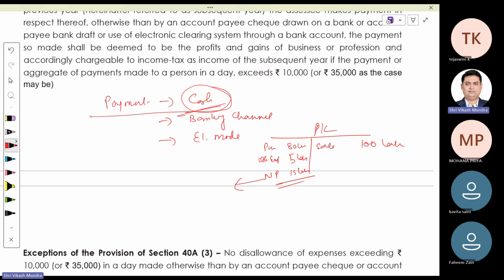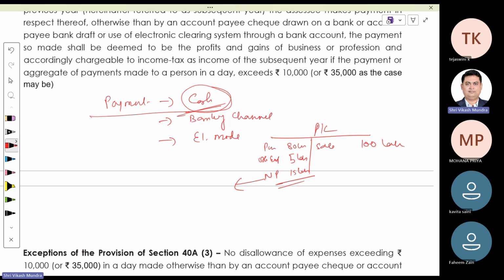Now, one of my professional friends suggests to me, why are you making payment to the government of rupees 1,50,000? Instead of doing this, please make certain tax evasion. How could I make this tax evasion? Please reduce your profit. How could I reduce my profit? Please increase your expenditure.